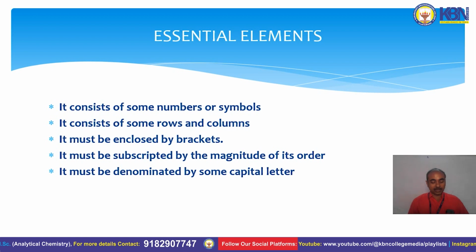Second one, it consists of some rows and columns. Every matrix should have some rows and columns. The group of rows and columns not completed with its elements as follows will not amount to a matrix. That means they have to follow.